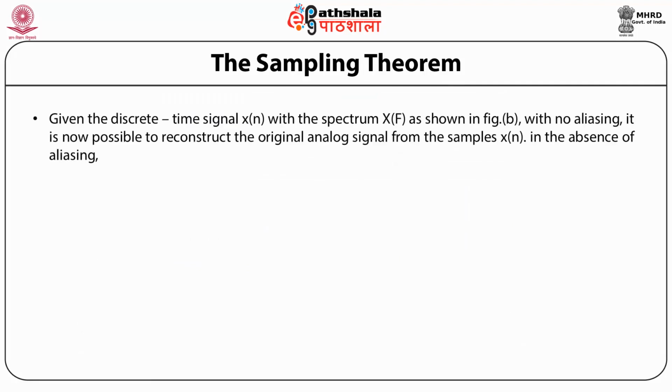So given the discrete time signal x(n) with the spectrum x(f) as shown in the above figure with no aliasing, it is now possible to reconstruct the original analog signal from the samples x(n) in the absence of aliasing.